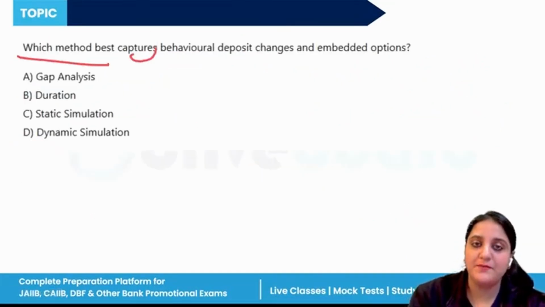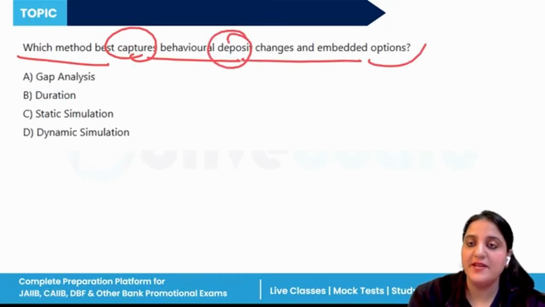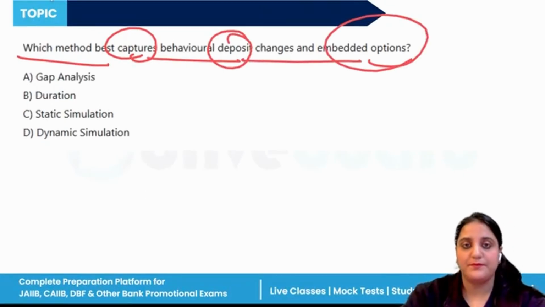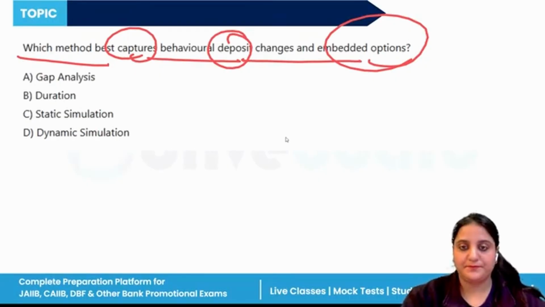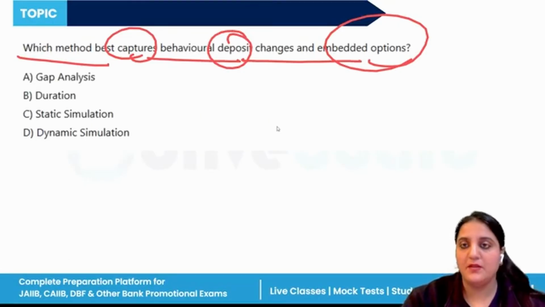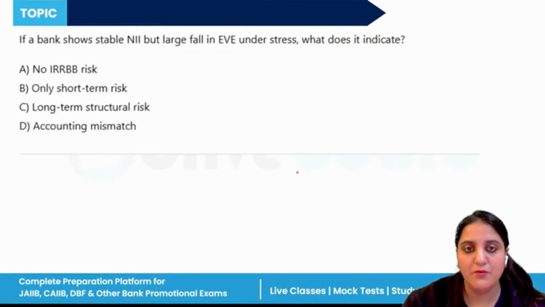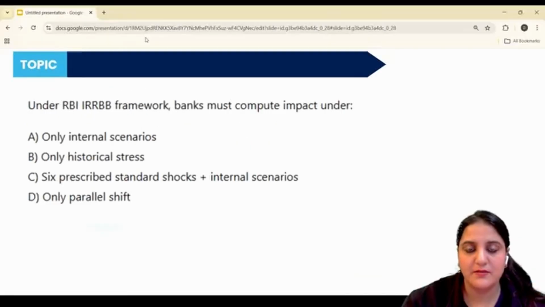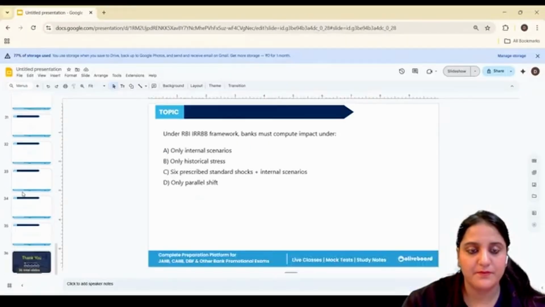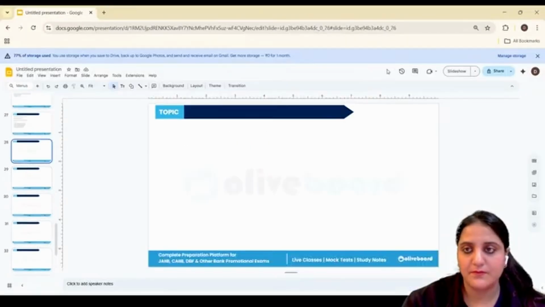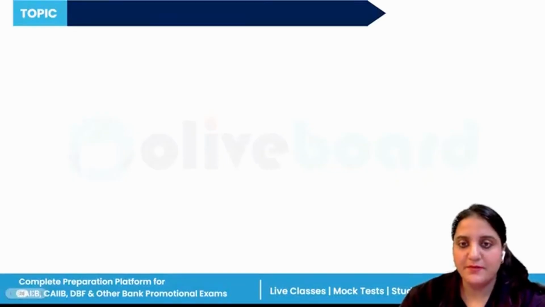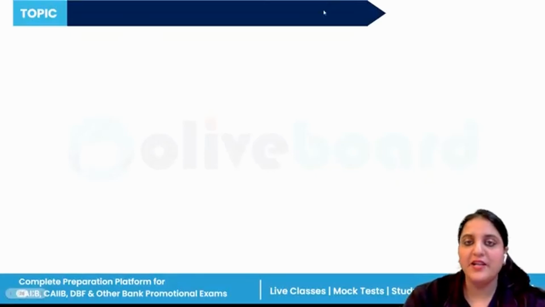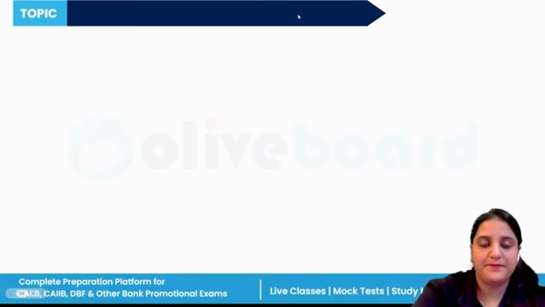Which method best captures behavioral deposit changes and embedded options? See, if I give you some overview here, first let's understand some concepts which are important about interest rate risk management.